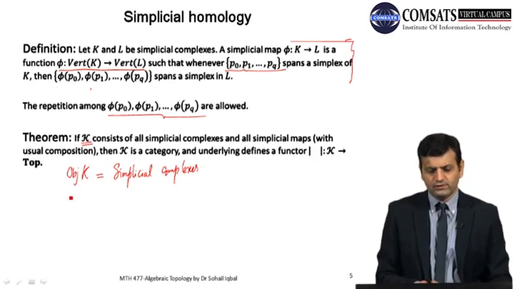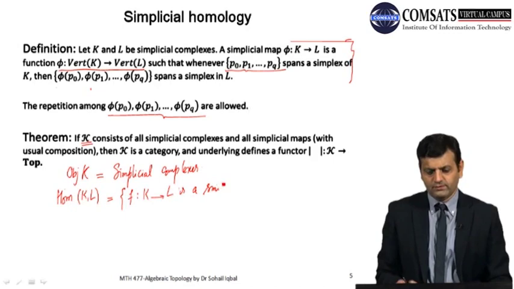And what about the morphisms? The morphisms in this category are basically simplicial maps, so F from K to L is a simplicial map.